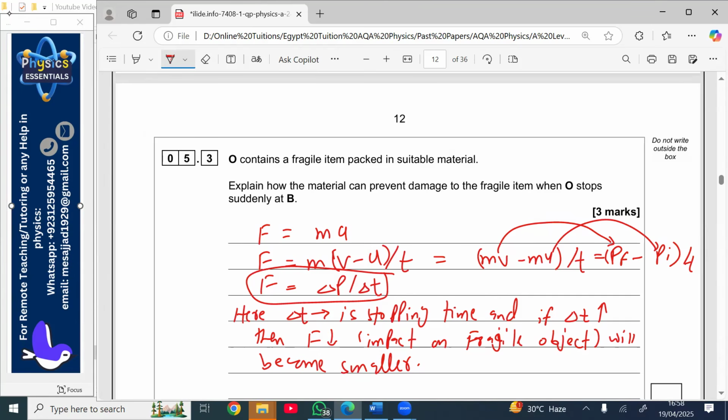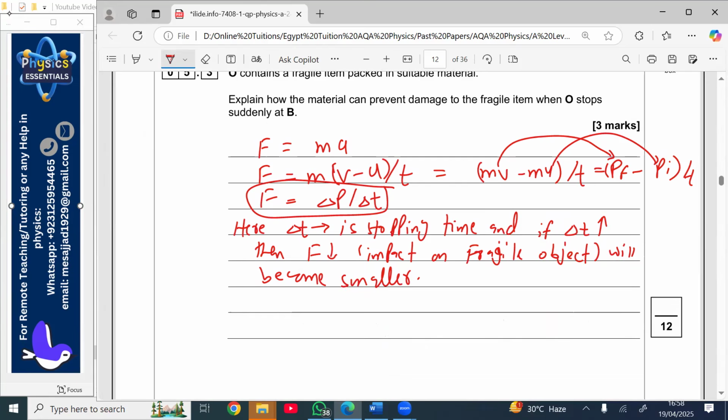All right. So I believe this is quite enough to understand the answer, as F is inversely proportional to delta T.